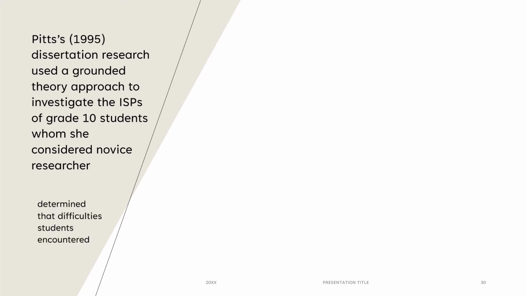Pitts determined that difficulties students encountered in completing this essentially unstructured research task were related not only to their lack of background knowledge of the subject, but also to their lack of mental models to guide their own information seeking and project completion. Their experiential deficit with research projects of this kind led them to rely on familiar topics and prior interests, and the convenience and availability of relevant resources.